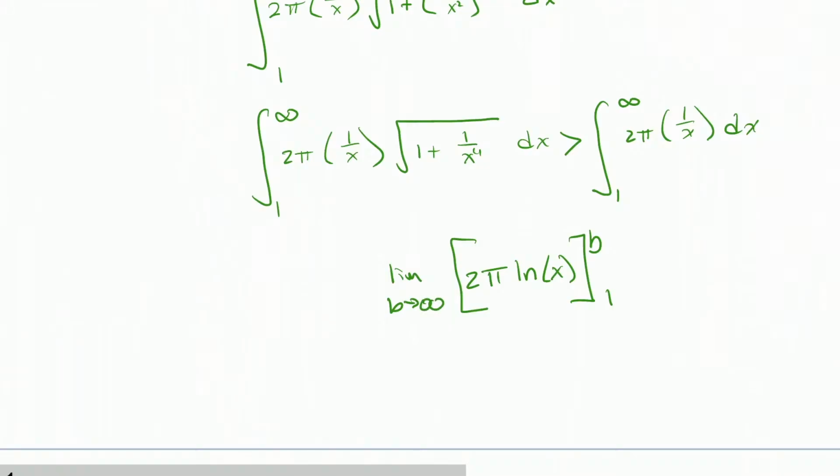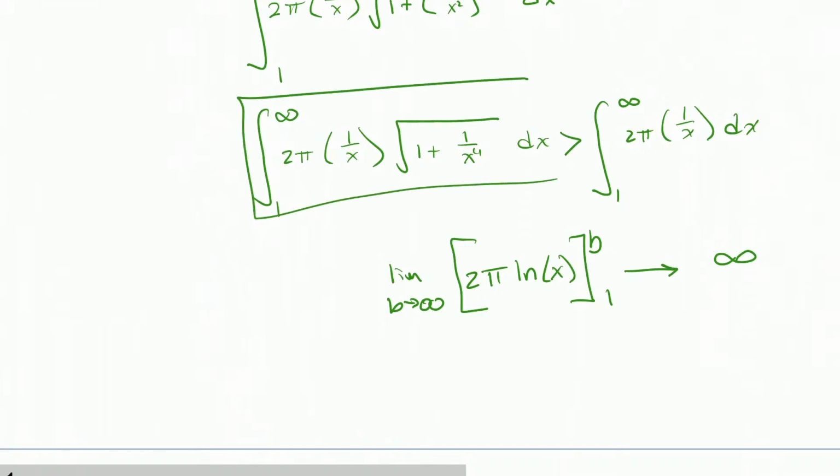Here's where I hope you can see what's going to happen: this diverges, because the limit as b approaches infinity of natural log of b is infinity. So the reason I did this is because this was too hard, this is easy, this is infinite, and this is bigger than an infinite integral, so it's also infinite.